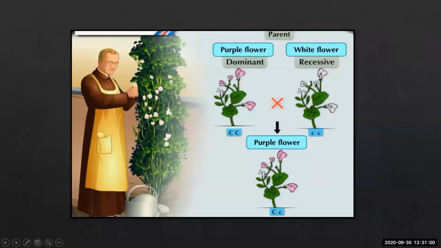Now Mendel has shown in his experiments that there exist two types of genes, dominant and recessive. In the previous lectures, you might have studied Mendel's law. In that, you have come across the dominating character and the recessive character.